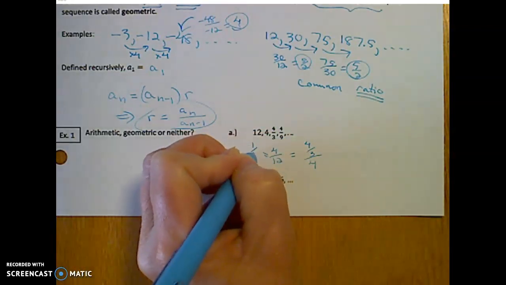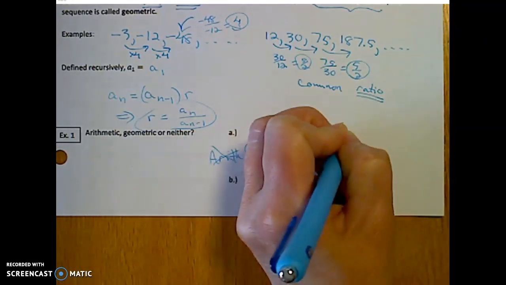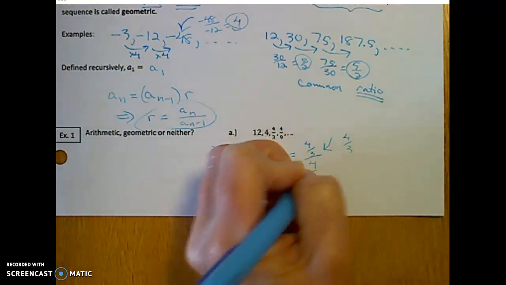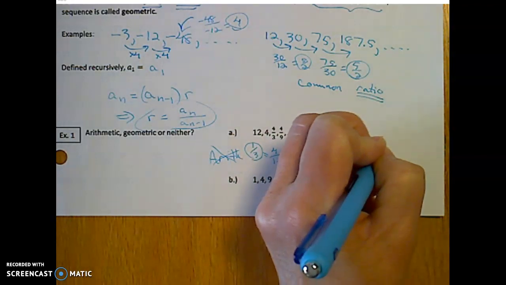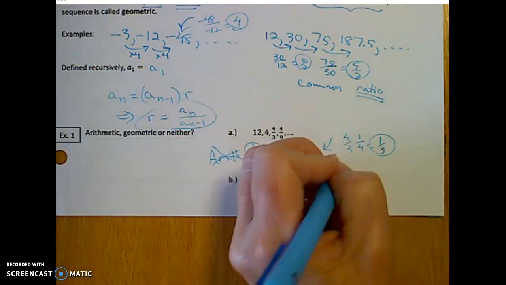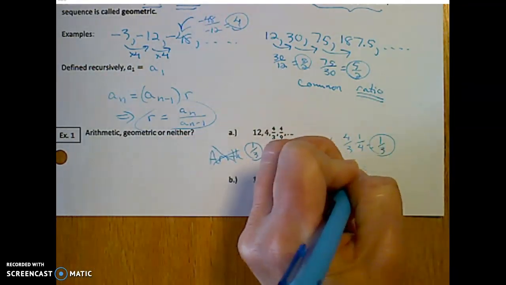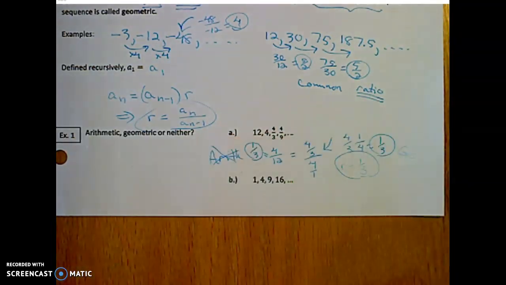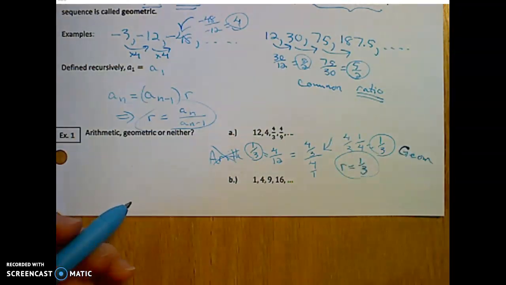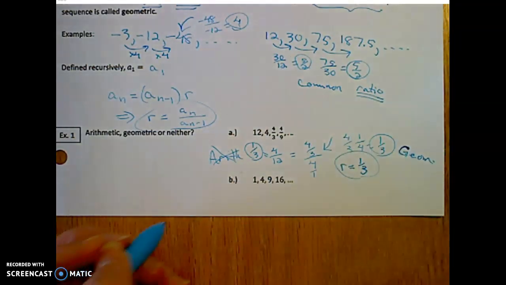This gives me 1/3. 4/3 divided by 4, multiplied by the reciprocal, I get 1/3. And yep, I have a common ratio. That common ratio is 1/3. And this is a geometric sequence with a ratio of 1/3.